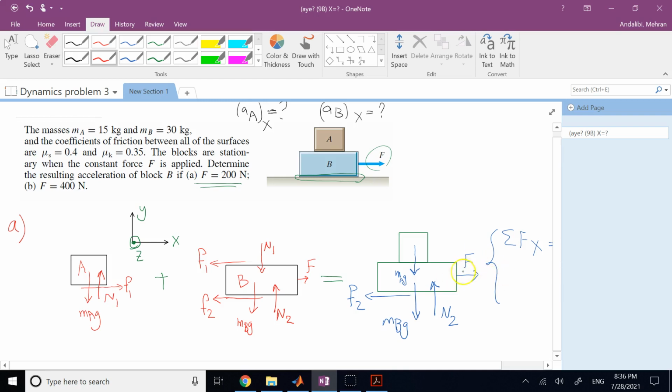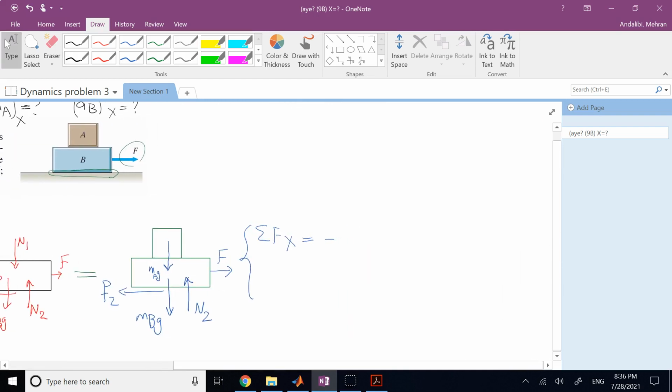So along the x direction, you have capital F minus friction F2, equal to mass of block B plus mass of block A, times the common acceleration if they move together.